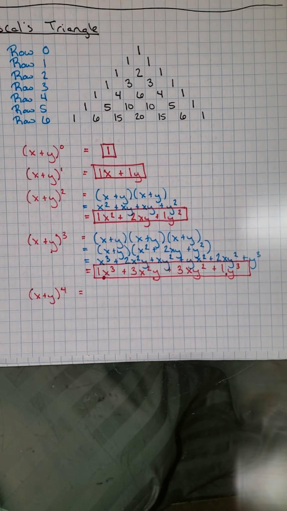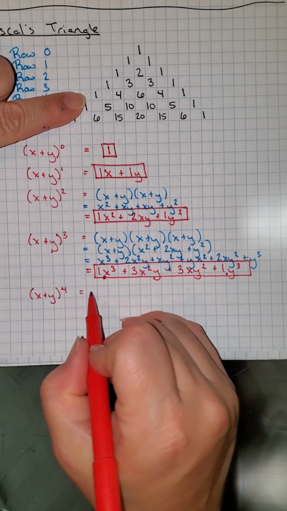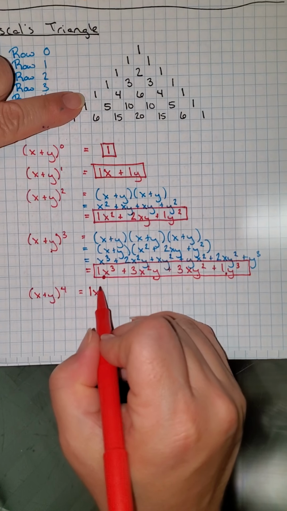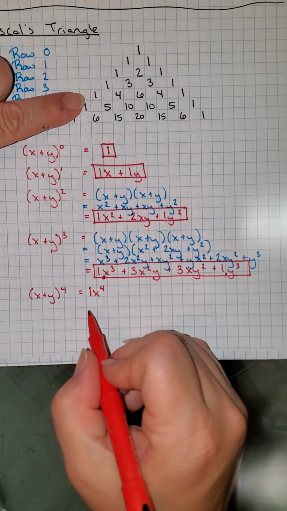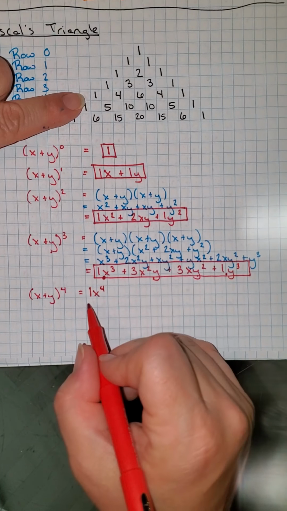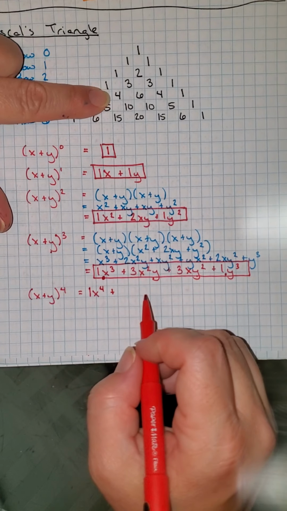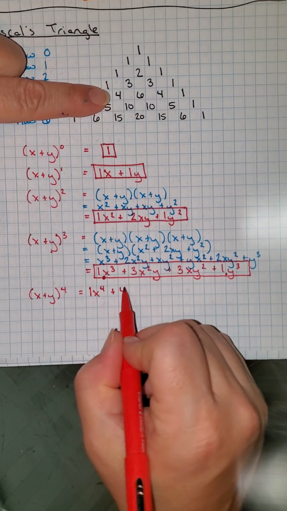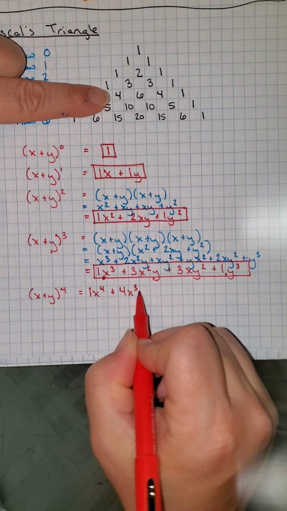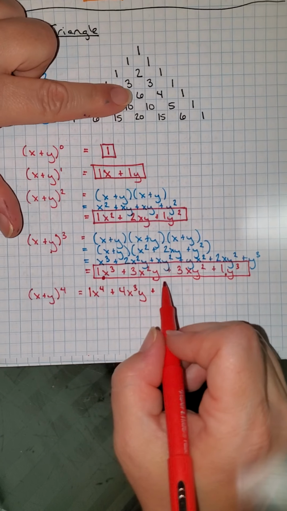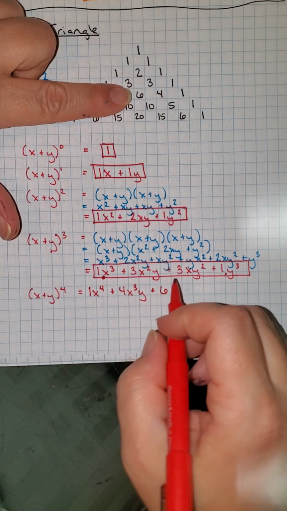Just use what's happening. So you have a 1 here, and x counts down, starting with 4. It counts down to 0 and y counts up to 0, so y is not in the first term. Plus, our next coefficient is 4. x goes down to 3, y comes into the picture at 1. Plus, next coefficient is 6.